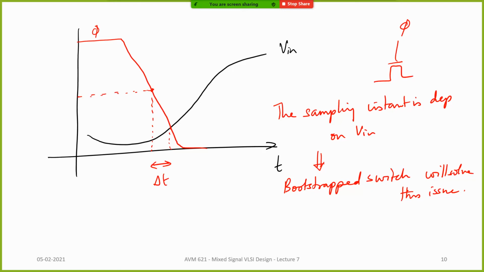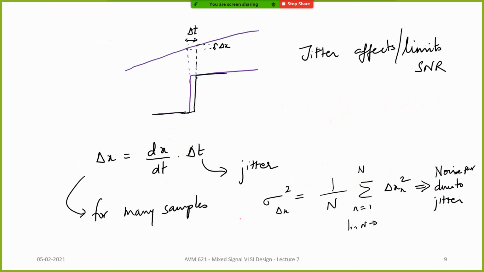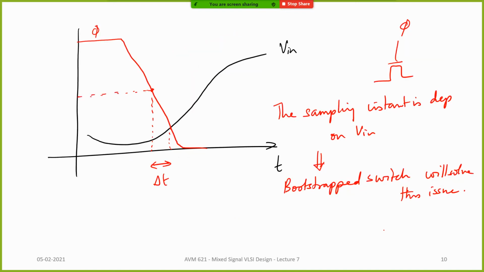That will definitely contribute to the analysis, which will go exactly something like this, and it will limit your SNR. So all these different things are going to wreck your sample and hold. Especially if you want to build a very high resolution data converter, all these things have to be taken care of.